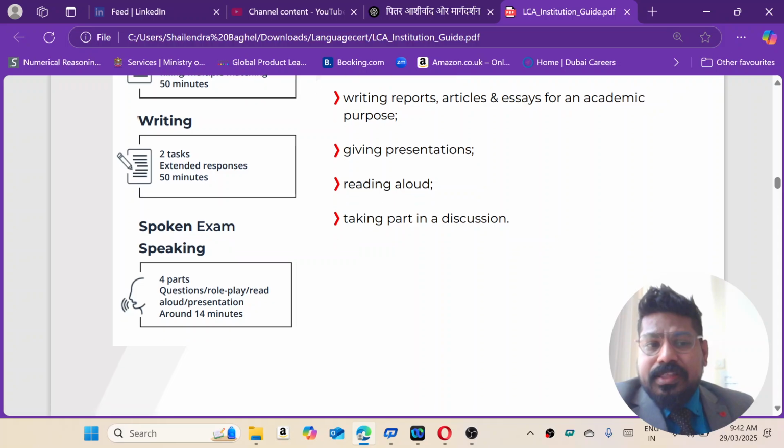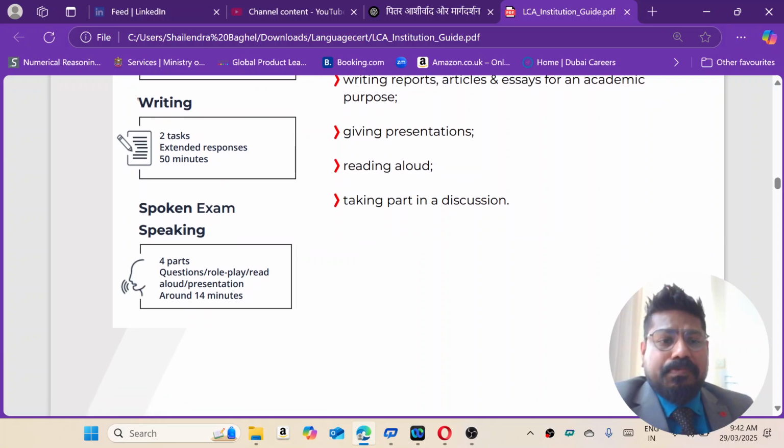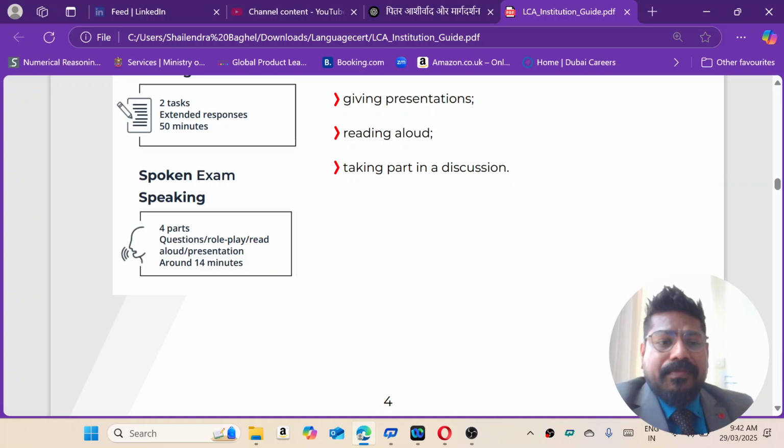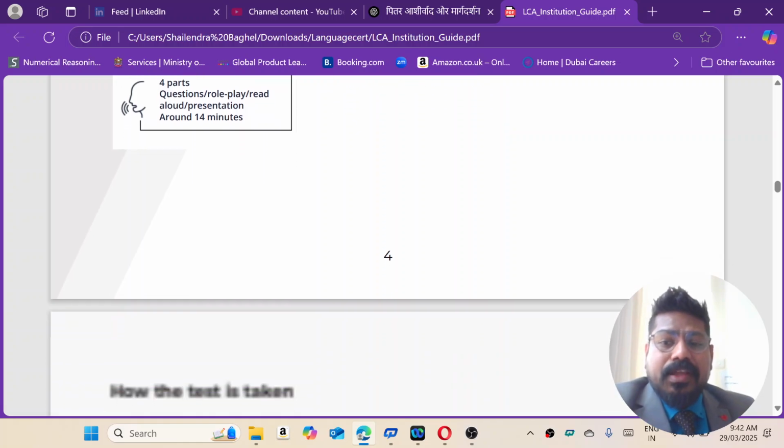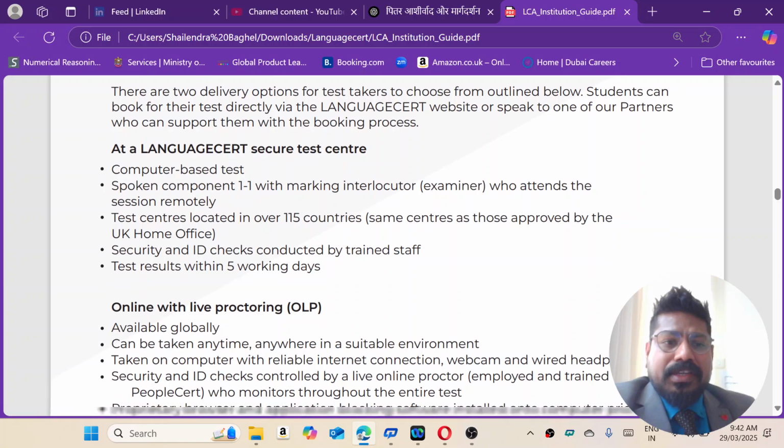So 2 tasks. And then the spoken exam, which is speaking, that is separate. उसके लिए आई एम श्योर आपको अलग से ब्लॉक करना पड़ेगा कैलेंडर. You will separately block it and it will be of 14 minutes. 4 parts: questions, role play, read aloud, and presentation. So that's how the test is taken.